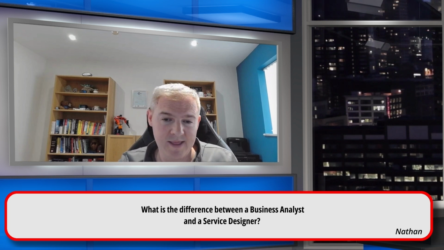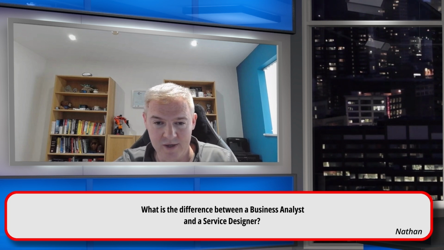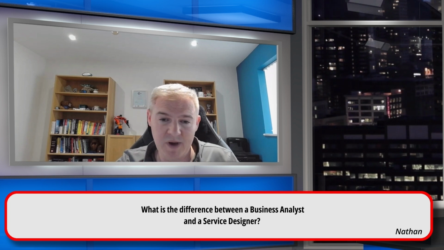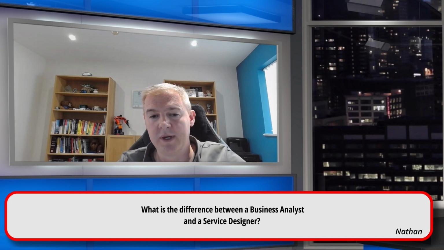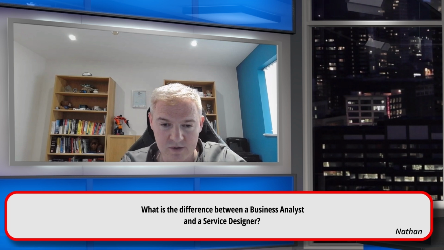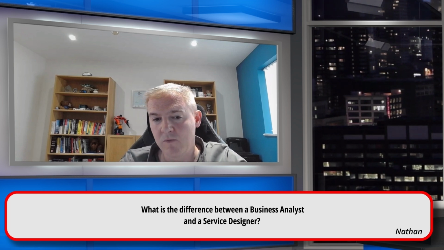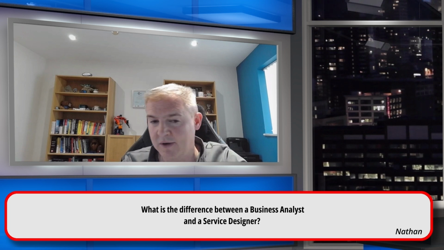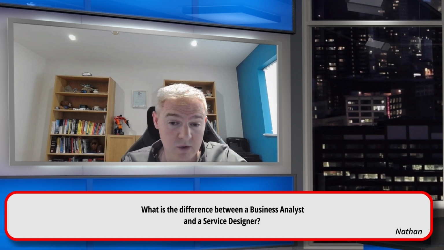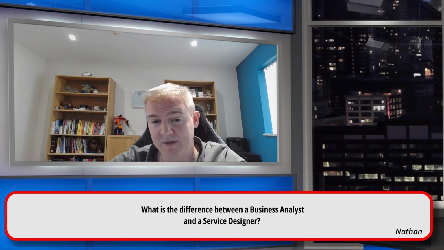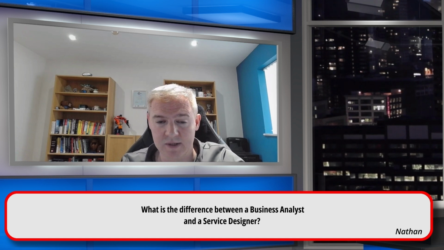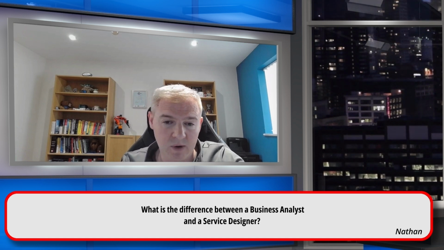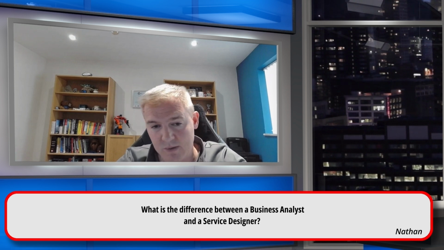And there's a lot that these individual professions can learn from each other, because at the end of the day, it should be about trying to move forward the organization in alignment with its strategic goals and priorities, not having a turf war between business architects, business analysts, service designers, or any other role. That's not of value to the organization in terms of delivering outcomes for the organization.